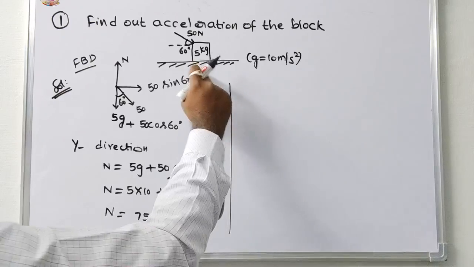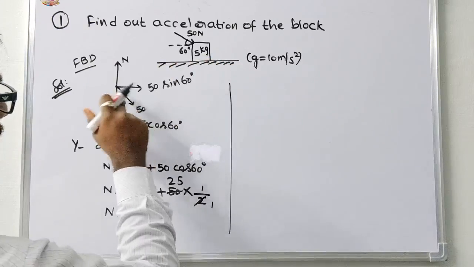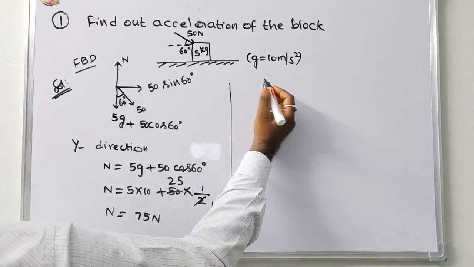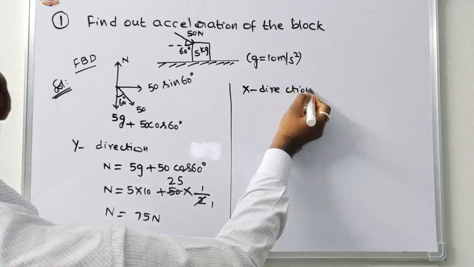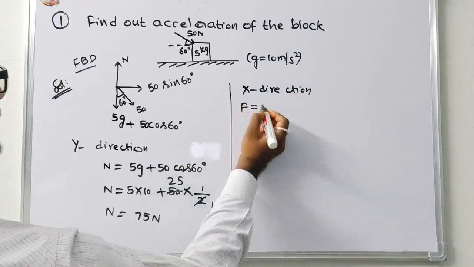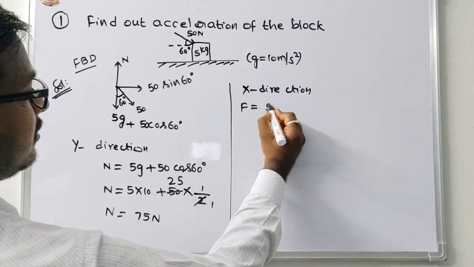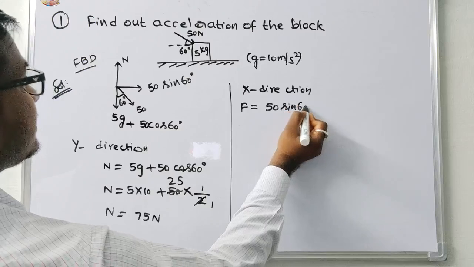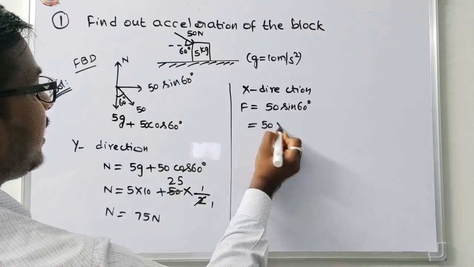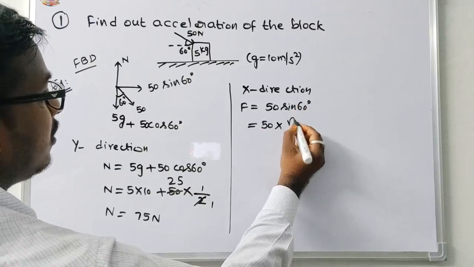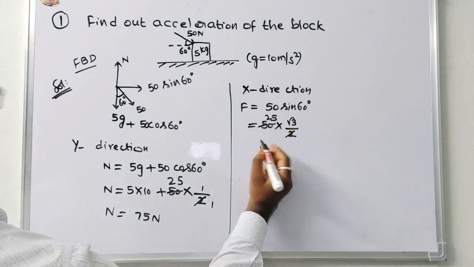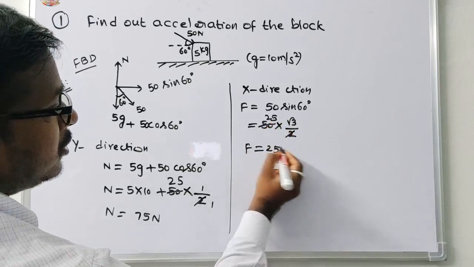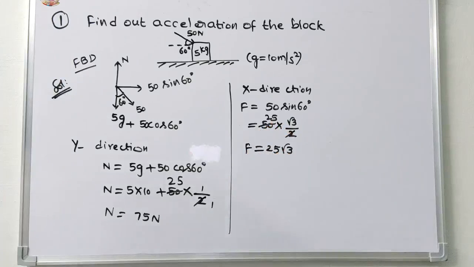Next take the x direction. Here F is equal to 50 sin 60 degrees, which is 50 into root 3 by 2, that is 25 root 3.